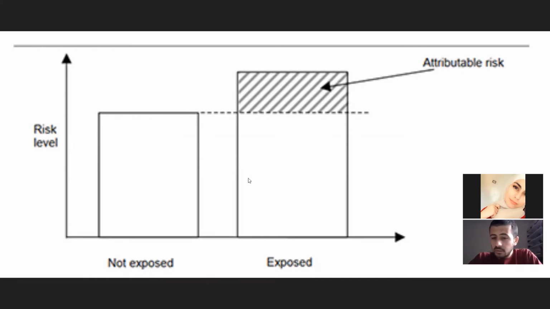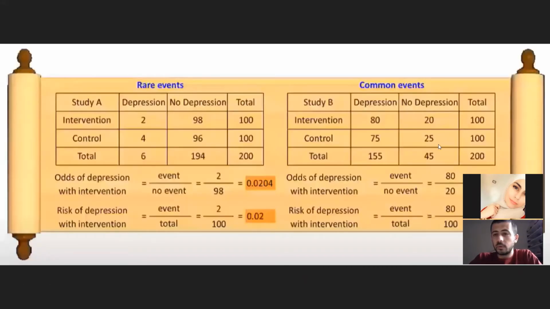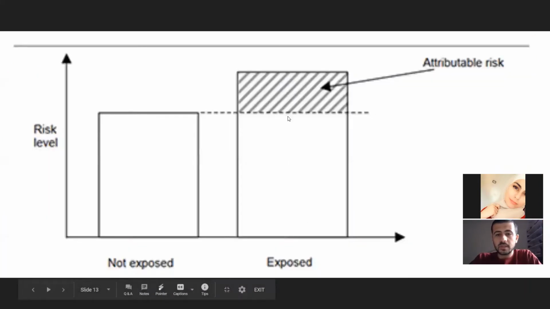And this is actually a normal representation of this, for example. We have here a proportion and here a proportion, and I'm just representing them in that chart. So we have that rectangle, and those patients are actually the difference between exposed and not exposed.